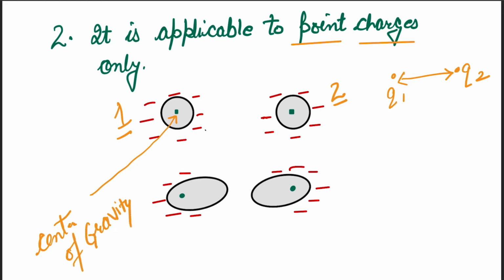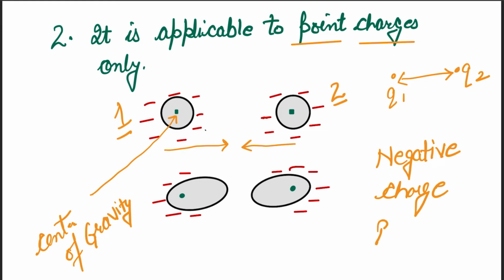Initially, when the spheres are at a certain distance, the center of gravity is exactly at the middle of the sphere. When both the spheres are brought closer to each other, as both have negative charge, they repel each other, due to which the charge appears at this side of the first sphere and at the other side of the second sphere.